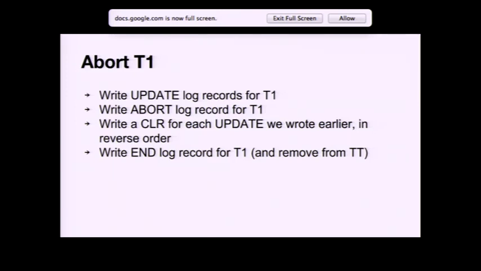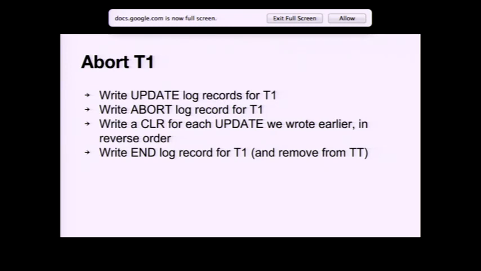So when this happens, we have to undo everything that may have been written by the transaction to disk while it was doing all of these update log records. So for each update that we wrote earlier to the log, we're going to write a CLR to the log.